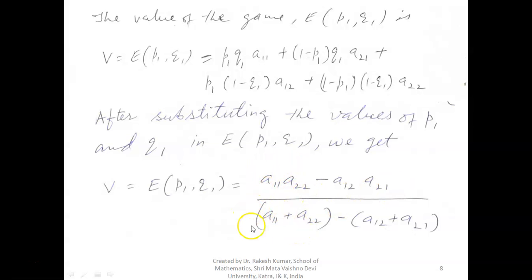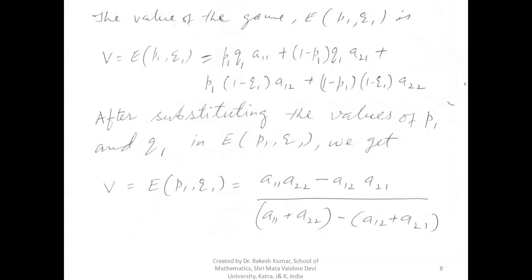So the denominator is the same in all these cases. Yeah, this is the value of the game. So we learned how to solve a 2 cross 2 game without saddle point and how to obtain the optimal mixed strategies.